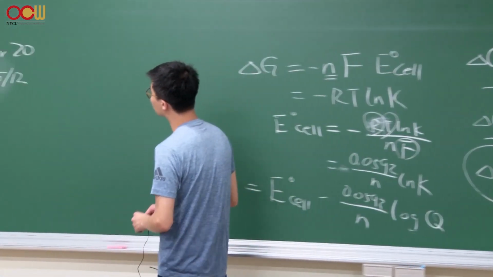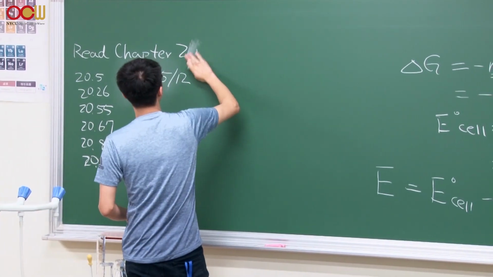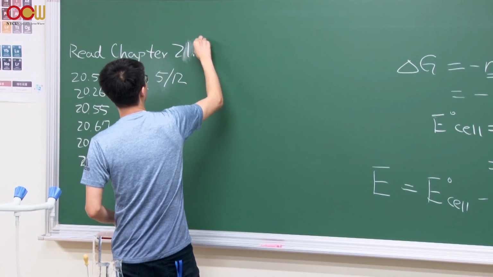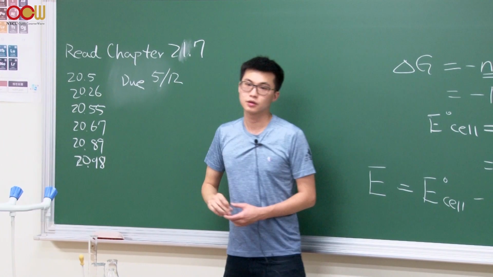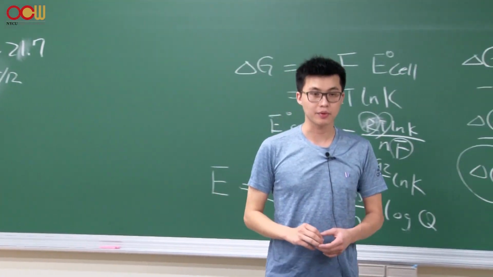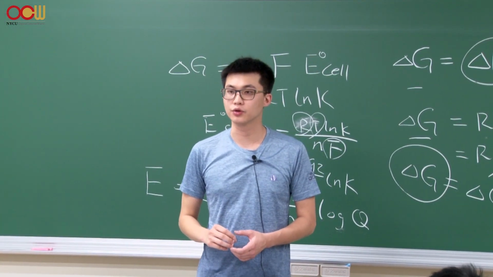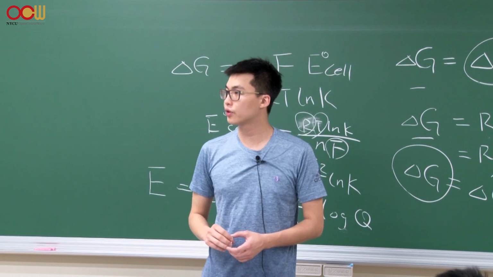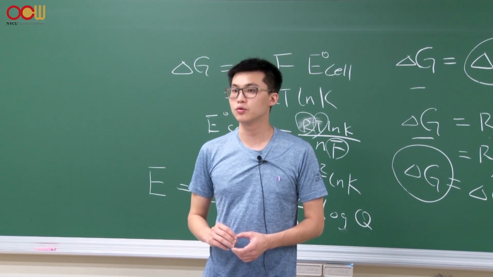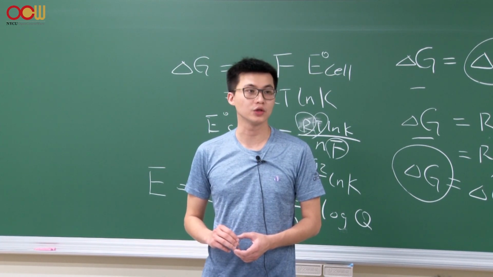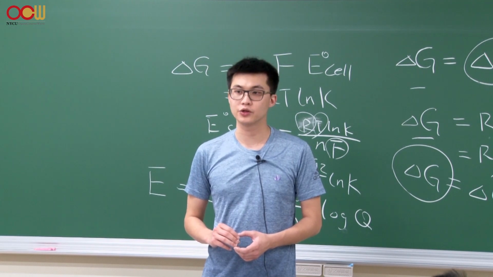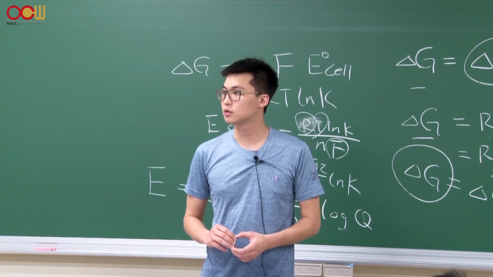For this weekend, I would like you to read 21.7. If you haven't read chapter 20 yet, I encourage you to do so and work on these problems so you understand what's going on and what to do with these equations. Any questions?